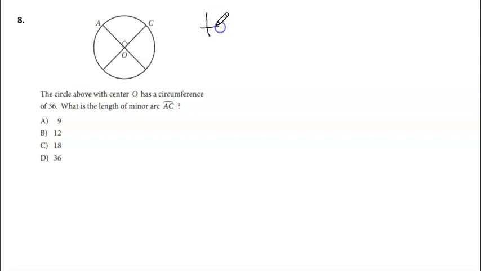If you see this sign, it's a right angle, which is equivalent to 90 degrees, right? In radians, this is going to be pi over 2.